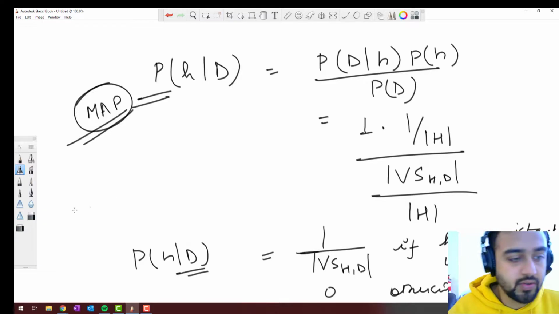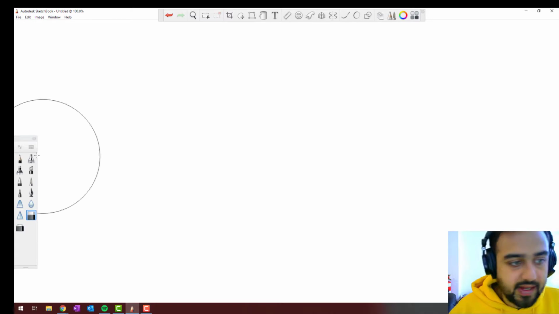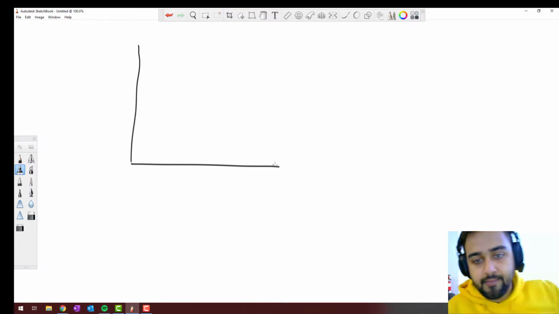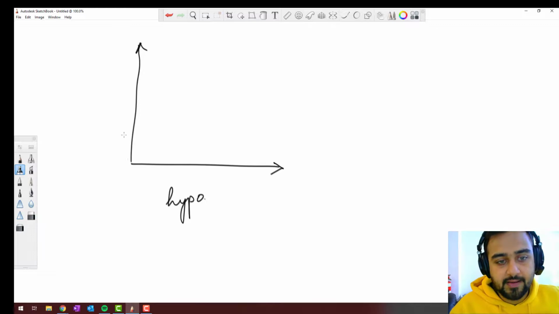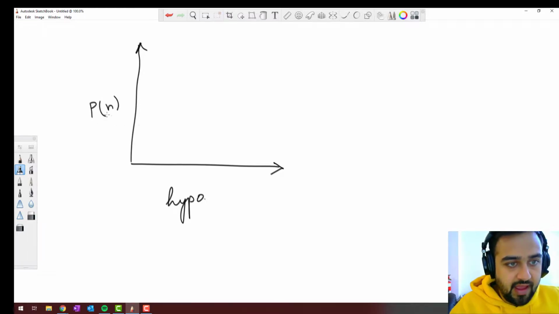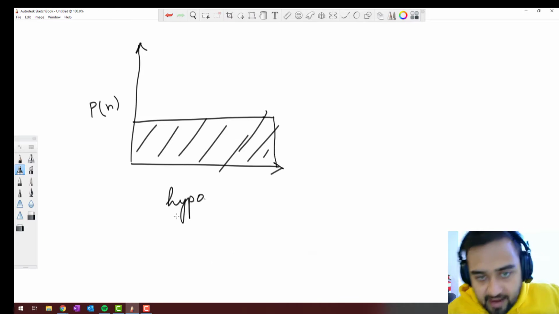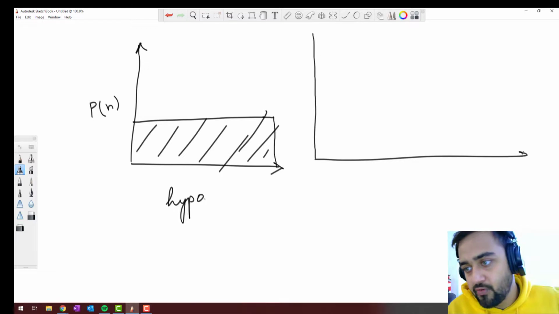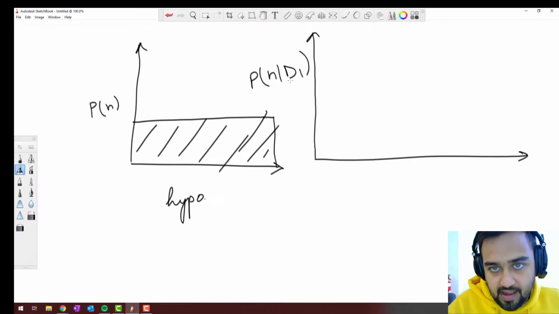Why I want to show you this is because when we take the posterior probability, what we are doing is basically reducing our hypothesis space, right? If I'm taking P of H, we have a very huge hypothesis space to search over, and there can be many rules that are applicable. But if I want to shorten my hypothesis space and find a more accurate answer, I find H given D1.